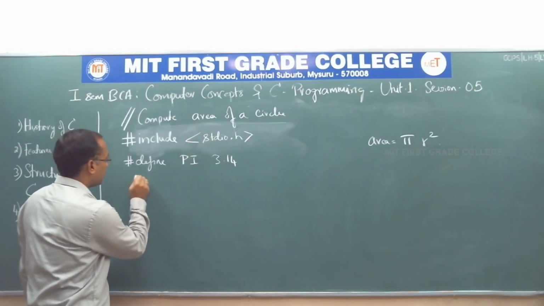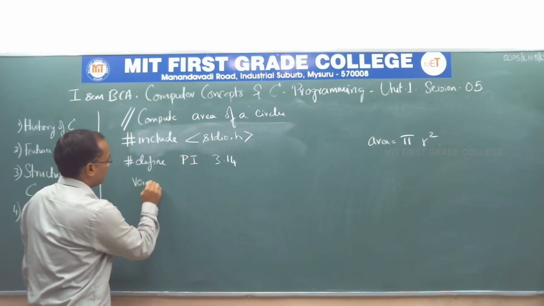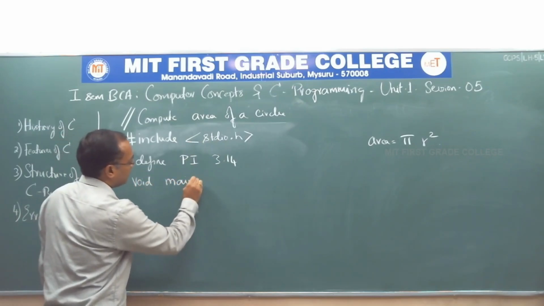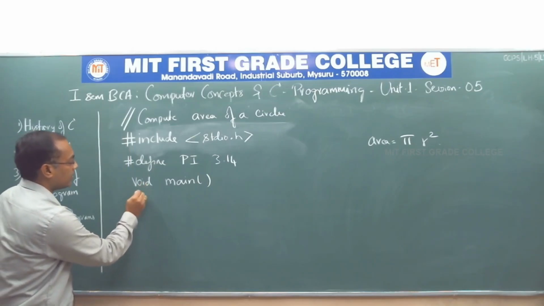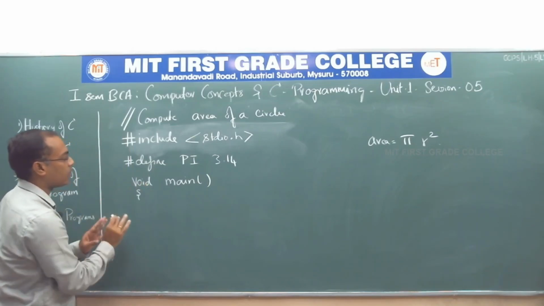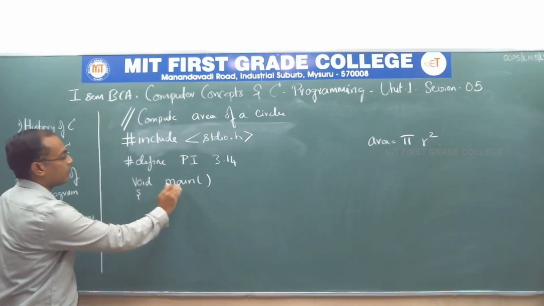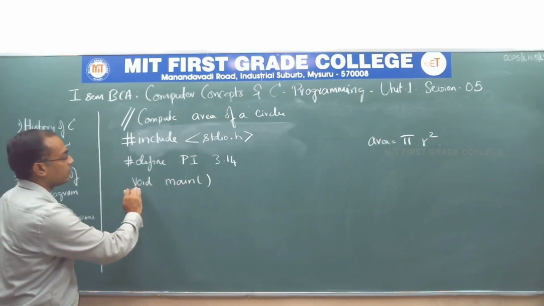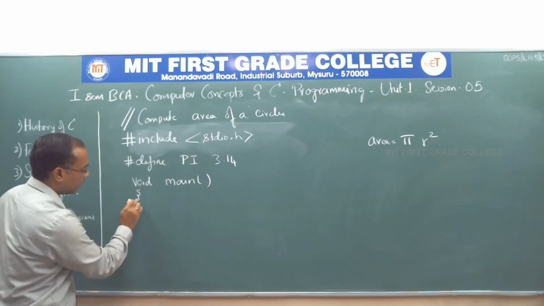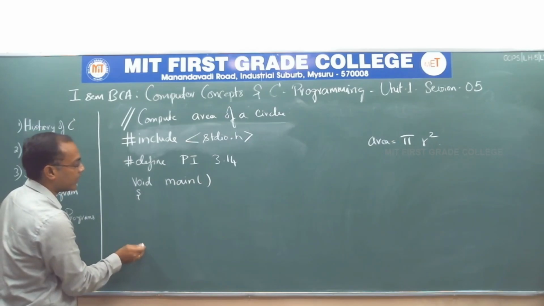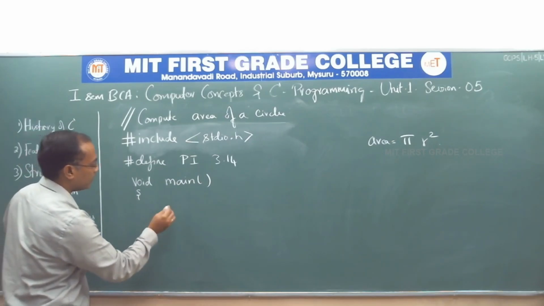Next, I will write the main function, void main. Students, I will explain all this, what is this void and all, in future classes. For now, just understand this is the way in which we write the function header. This is called the function header, and whatever is within the curly brackets is called the body of the function.